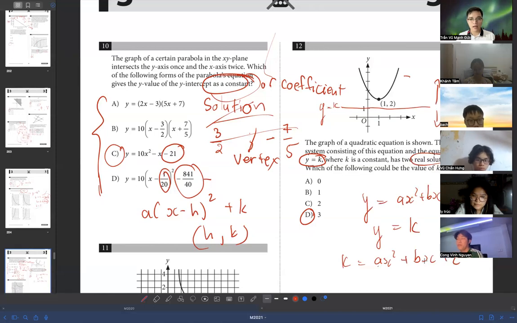If we know what a, b, c are, and they're asking us to find the coordinates of these solutions, we're going to have to do this. In doing this, we're basically moving this line up or down so as to have it intersecting the curve at two real solutions. So if I ask you where k should lie in order for this equation to have one solution, what would it be?